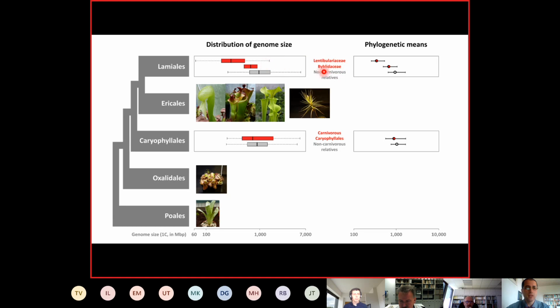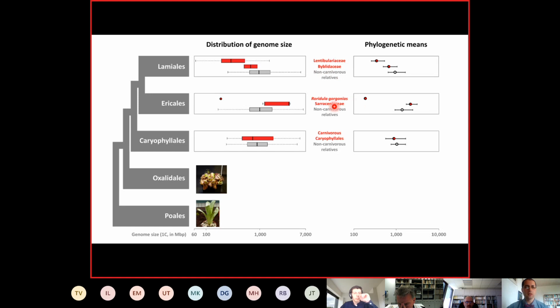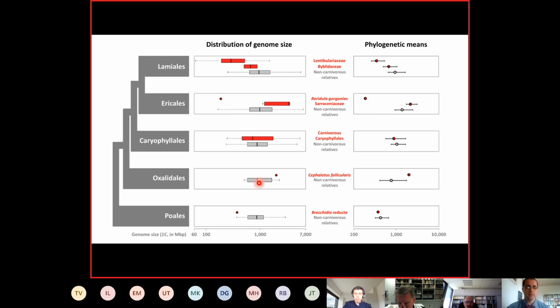In Lamiales, we have added Byblidaceae. Then we have added carnivorous plants in Ericales, Oxalidales, and Poales. As you can see, there is no clear trend, and truly, the carnivorous plants do not differ from their non-carnivorous relatives.